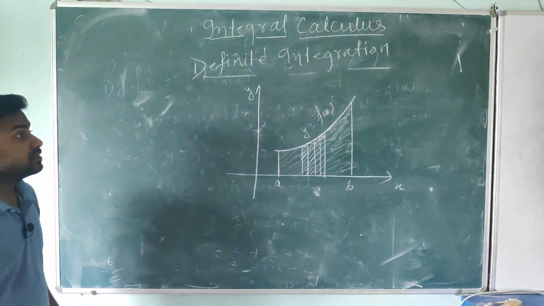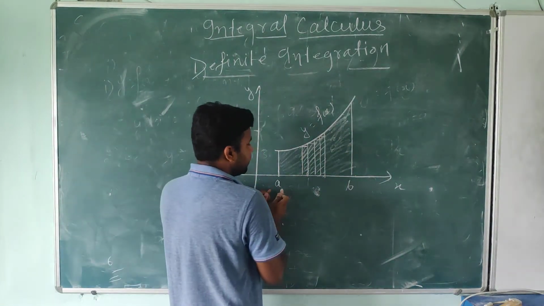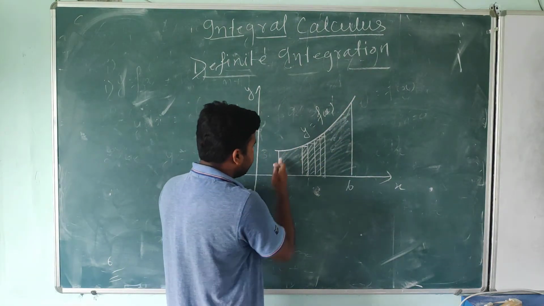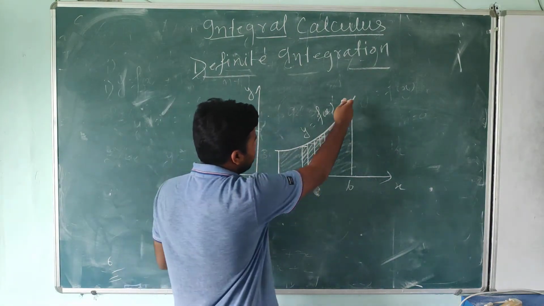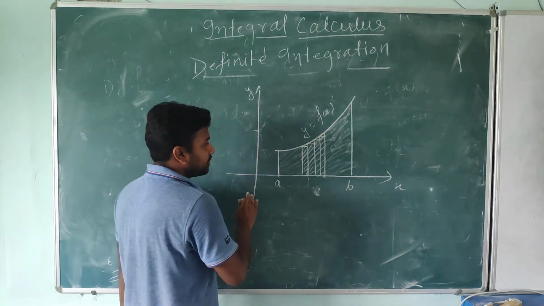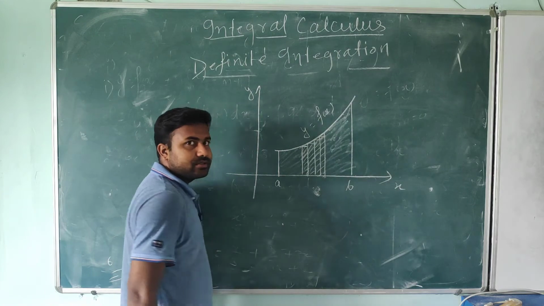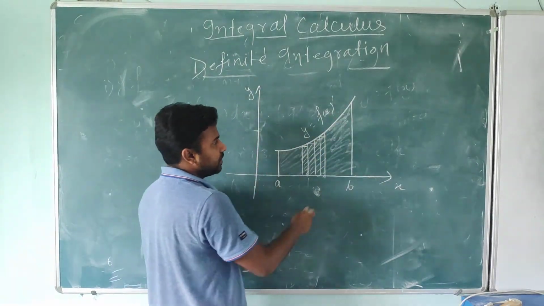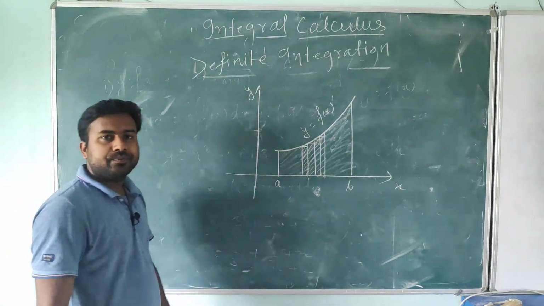If you want to find this whole shaded area, that area is bounded by this graph and the lines x equal to a and x equal to b. So this area is bounded by the y equal to 0 line, y equal to f of x, and x equal to a and x equal to b.